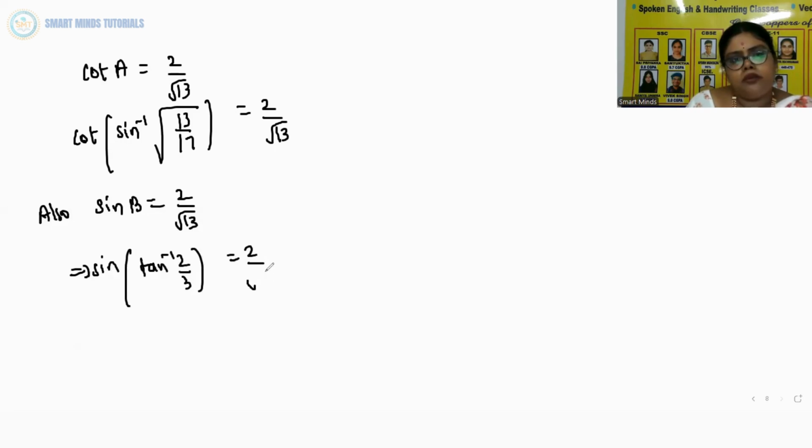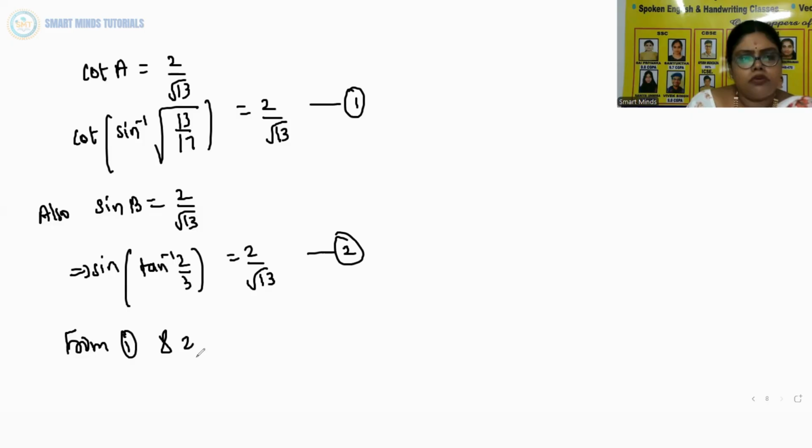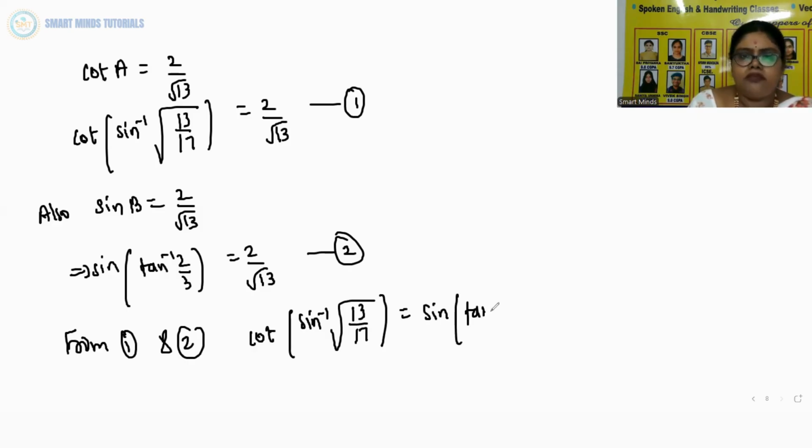That is 2 by root 13. So let's say this is equation number 1, this is equation number 2. So from 1 and 2 you can see both are equal. So we can equate the LHS part. Cot of sine inverse root 13 by 17 equals sine of tan inverse 2 by 3. Hence proved.